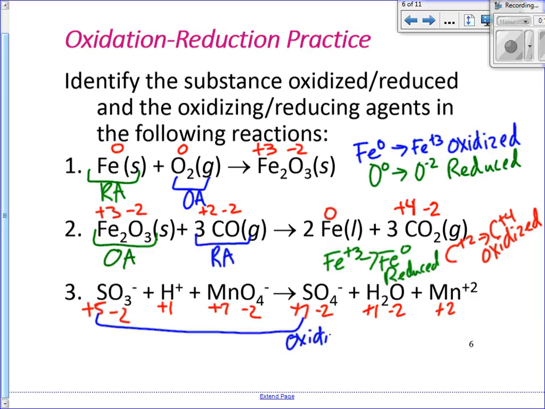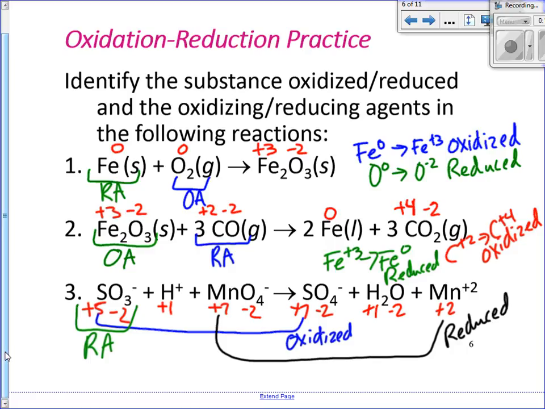It is being oxidized. Therefore, the SO3 -1 is the reducing agent. The manganese +7 to +2 is being reduced. But permanganate, this entire compound here, is going to be your oxidizing agent.